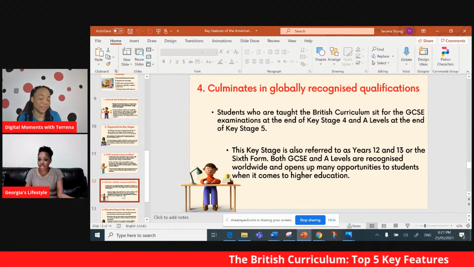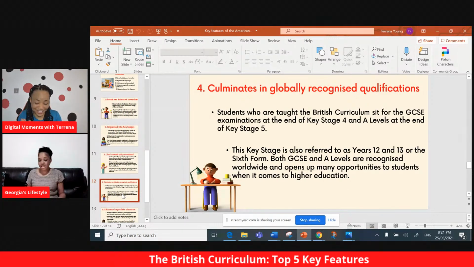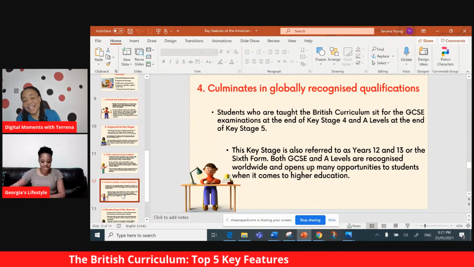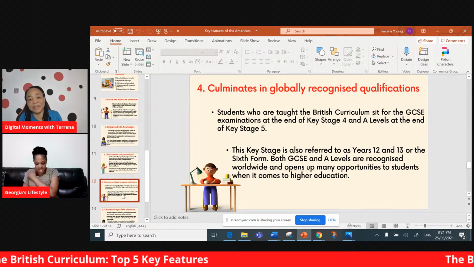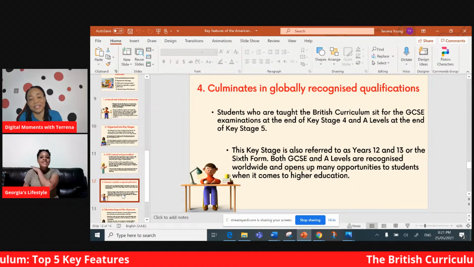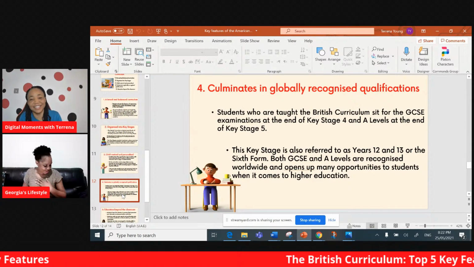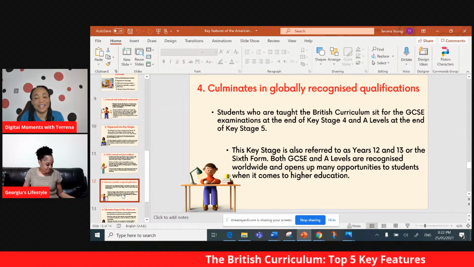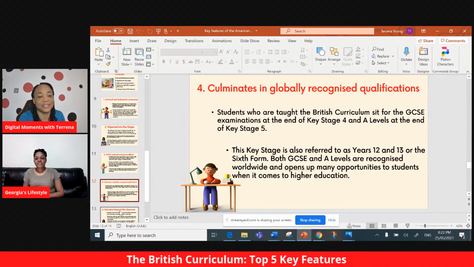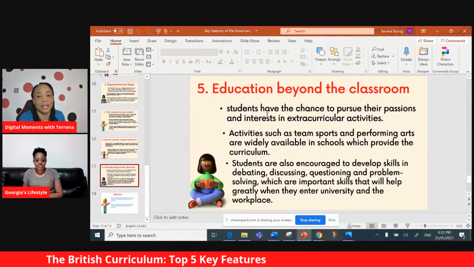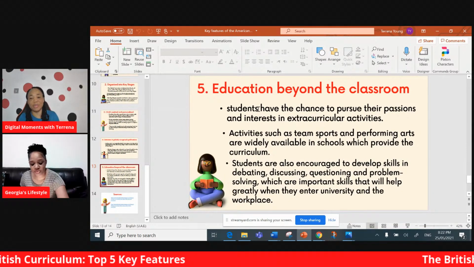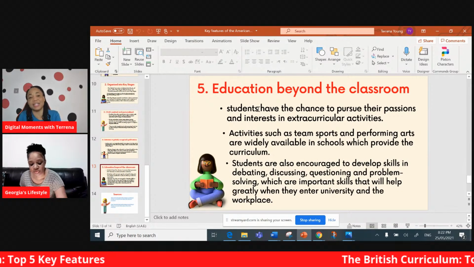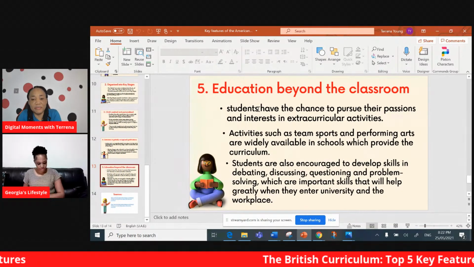So as you can see already, it's the same. Nothing different.